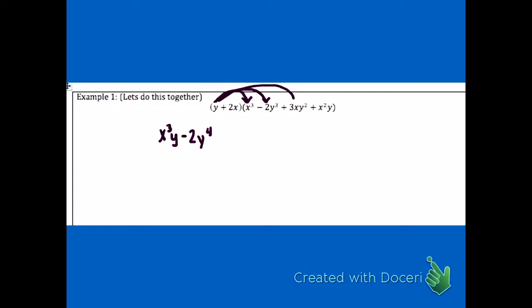And y times the 3xy squared gives us 3xy to the third. And y times x squared y is going to give us x squared y squared. Now that was just the one term times each term in parentheses.